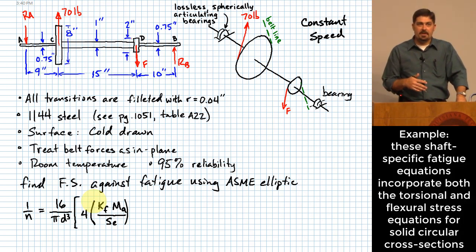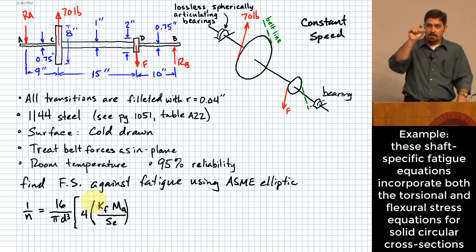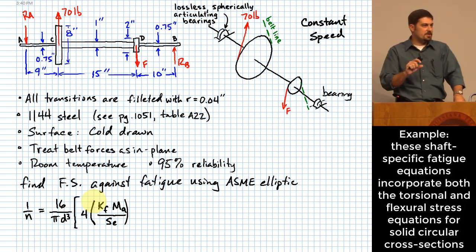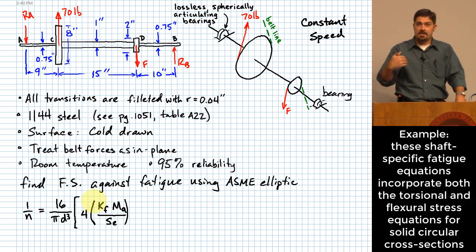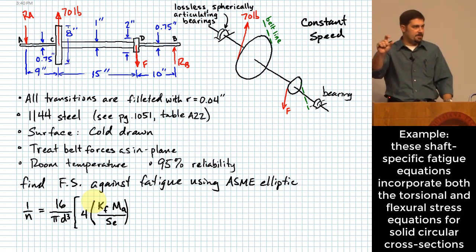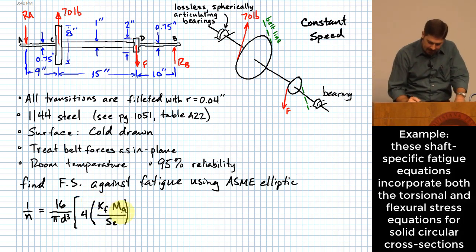And so there's a method we use to reduce the value of that stress concentration so that it's appropriate for fatigue situations. We do that with something called the notch sensitivity factor. Okay, do y'all remember that? There's a Q factor that goes in there, and you reduce from the theoretical stress concentration down to a fatigue stress concentration. Okay, so that's what the K sub F is.